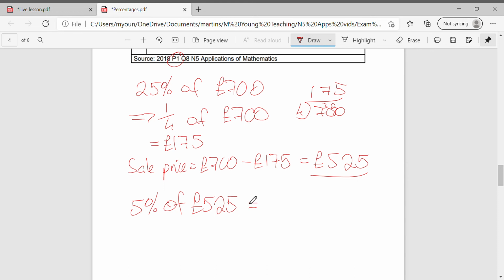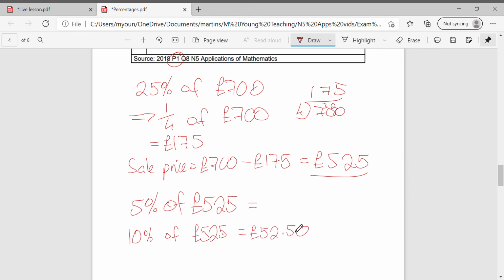Well, I could find 10% and then halve it. So that's what I'm going to do. I'm going to find 10% of 525. To find 10%, I could also just find 1% multiplied by 5. It's up to you. Okay, to find 10%, divide it by 10. So it's going to be 52.50.